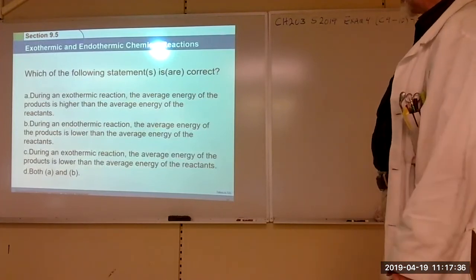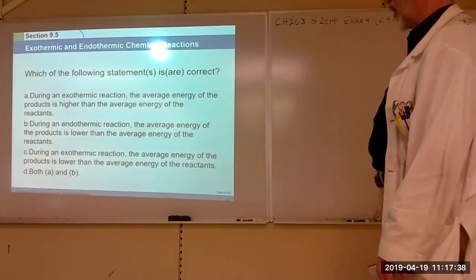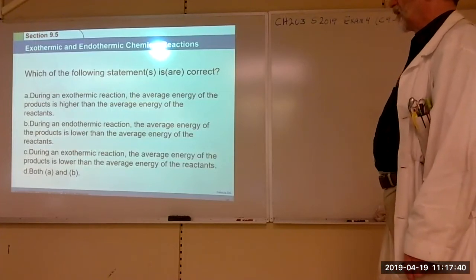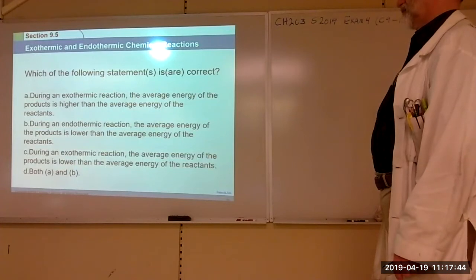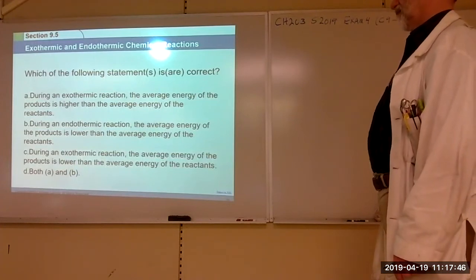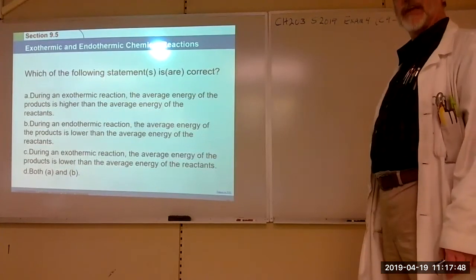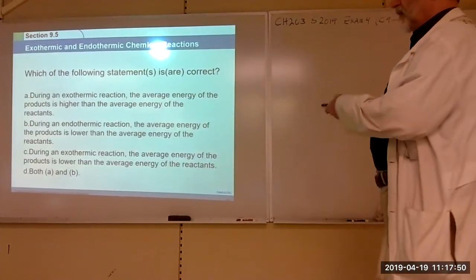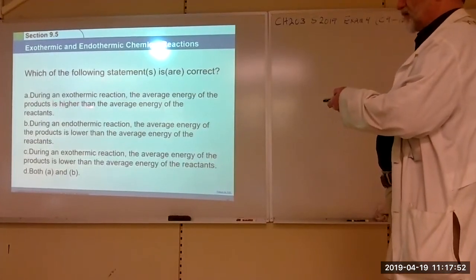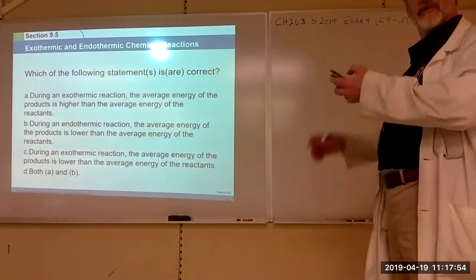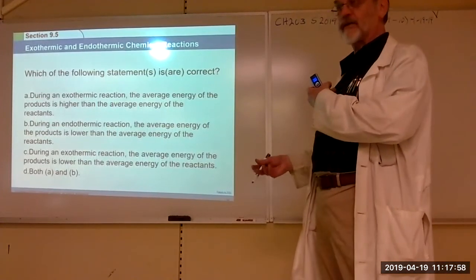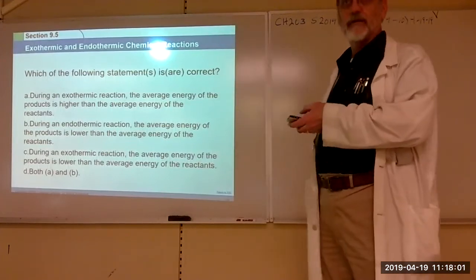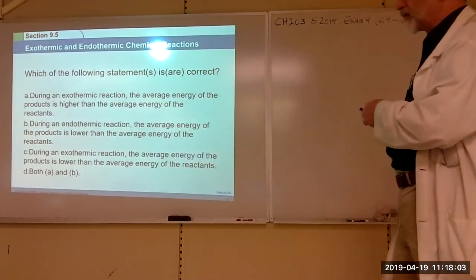Let's see, during an exothermic reaction, the average energy of the products is higher than the average energy of the reactants. Is that true? It's the other way around. During an exothermic reaction, the products have a lower energy than the reactants, because if they have less energy after the reaction, it's got to go somewhere: exothermic. So A is false.